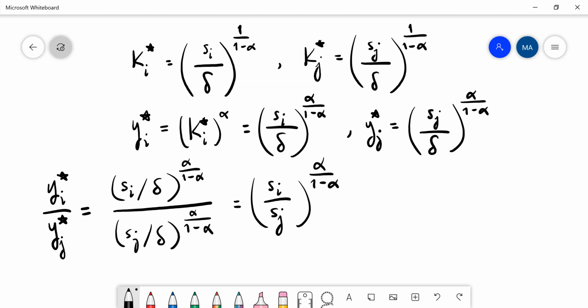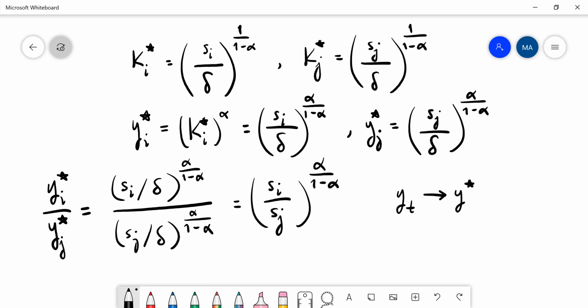Now let's think about the growth rate. Well, first of all, in the long run, you already understand that GDP per capita will not grow, right? Let's think about this for a moment. GDP per capita is going to a constant.